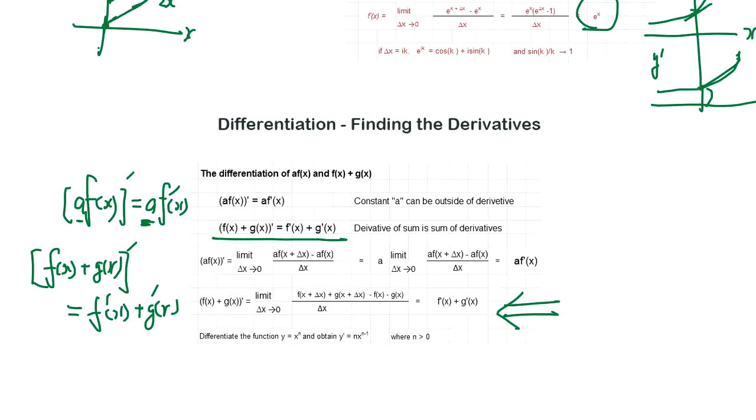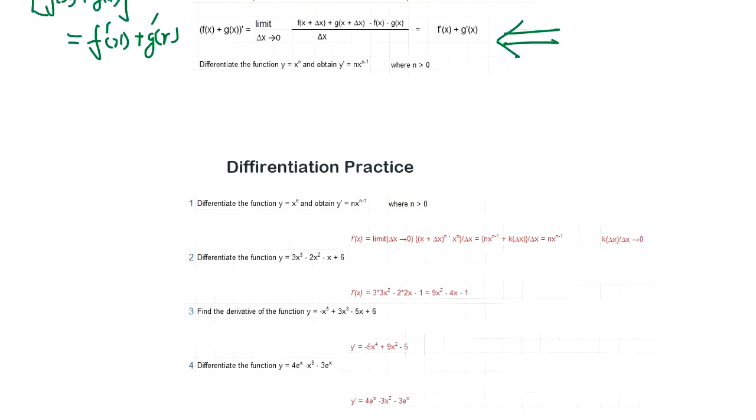Okay, we're going too fast, but you can stop the video anytime and just digest it. The important thing is we call that the linear characteristic. Constant a multiplied to the function is going to be constant a multiplied to the slope function, and f(x) plus g(x) slope function is going to be the slope function of the sum.